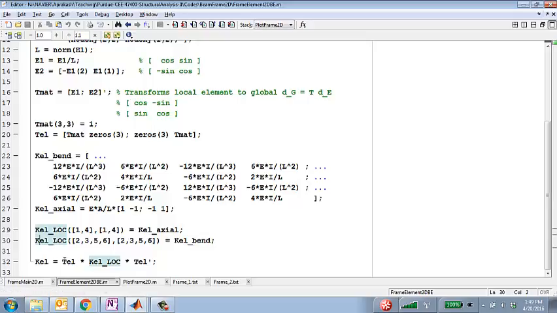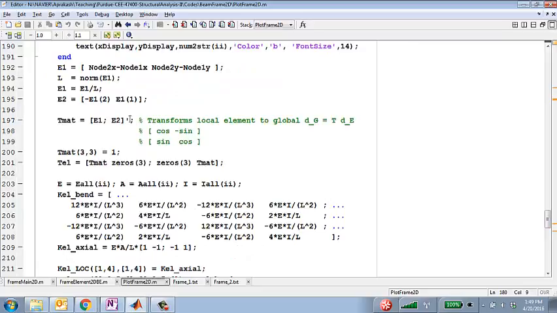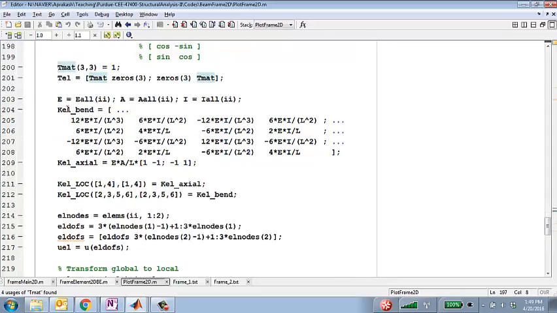And then you transform that local 6x6 to the global coordinates using this k element, using this transformation. So this plot frame 2D to calculate the axial force, shear force, and bending moment is also very similar. You calculate n hat vector, m hat vector, transformation matrix, calculate the bending part, calculate the axial part, and now you have the k local for each element.